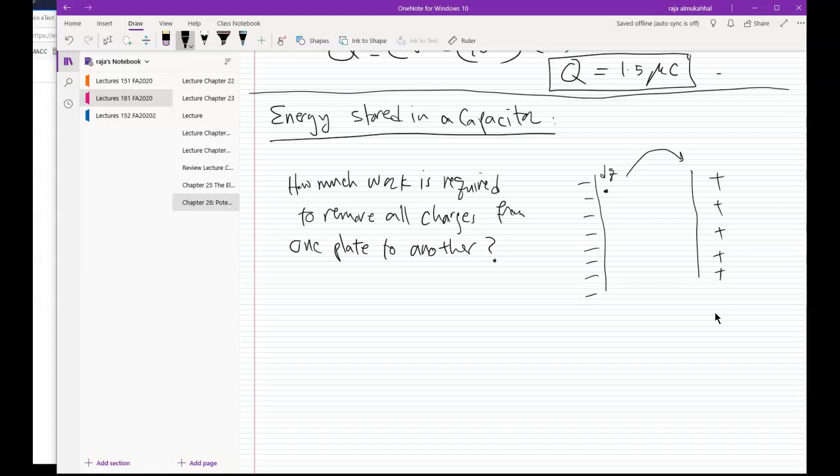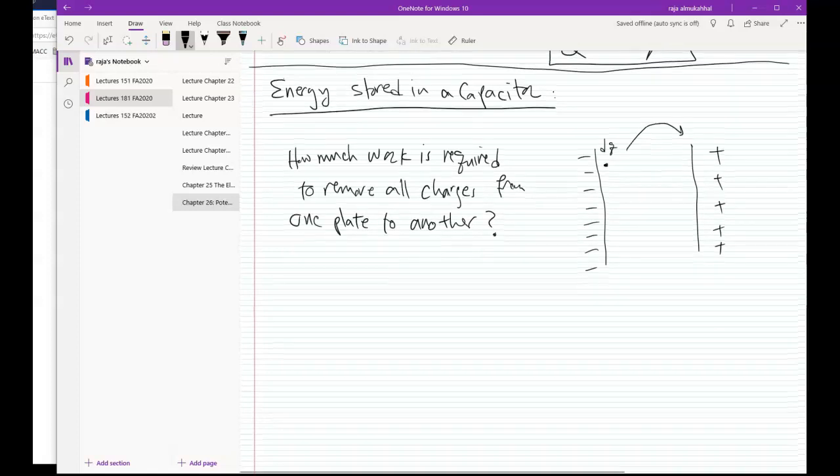As I illustrated here, I want to know how much work is needed to transfer one dq, and then after that I can integrate. This is how I do it in calculus: I start with an element and then I integrate, and this will give me all the charges.